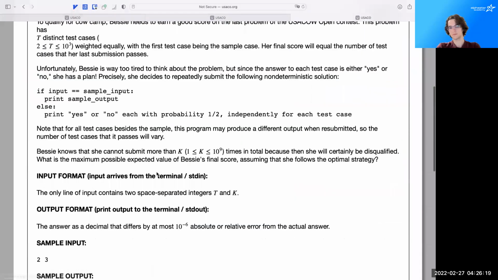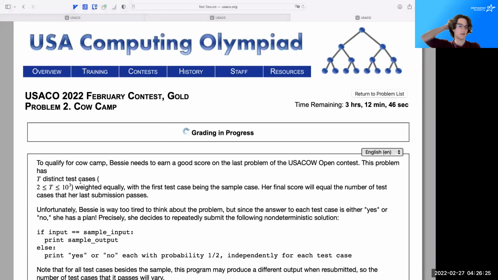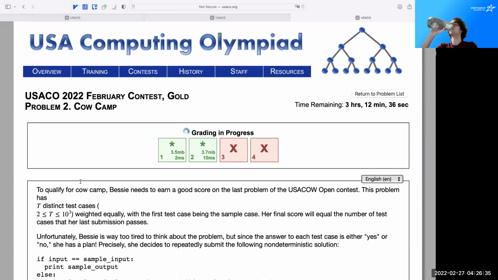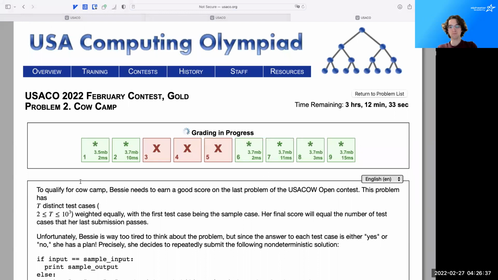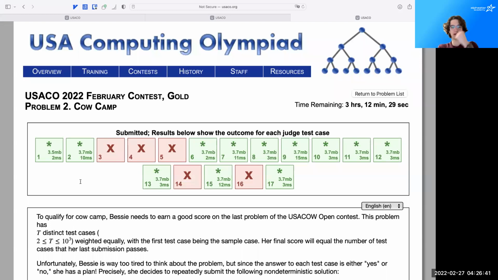Subtract. Let's see. What about these test cases?